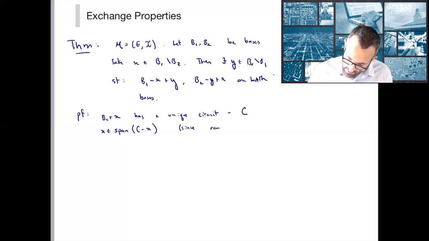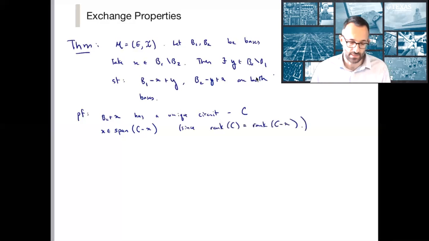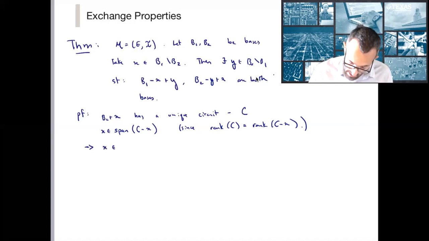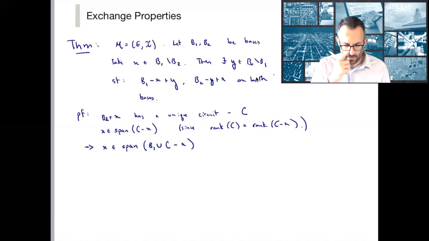Since rank of C is equal to the rank of C minus x by virtue of the fact that C is a circuit. Okay, so that means that x is certainly in the span of B1 union C minus x. This is B2 here, just to make sure.